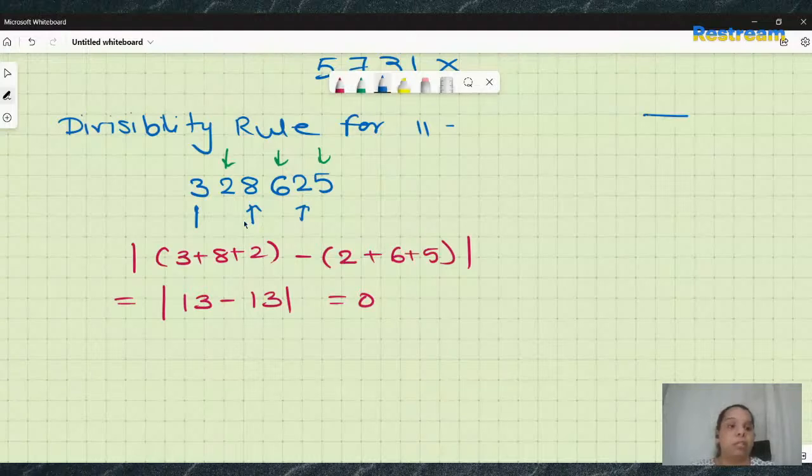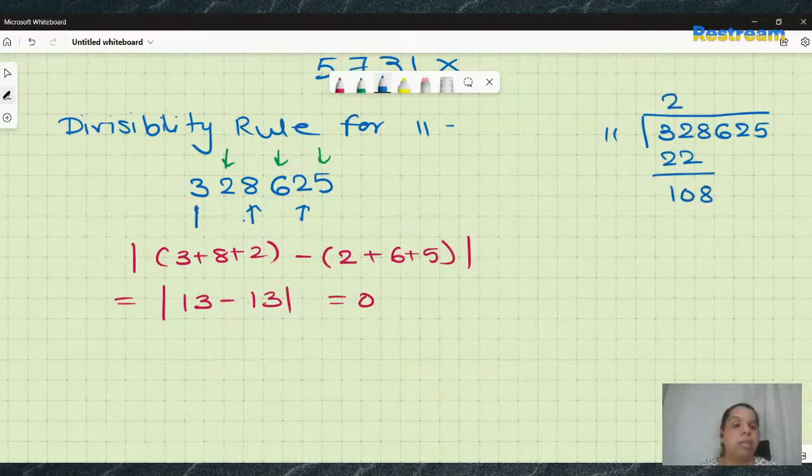So we are going to test whether our theory is correct. So it is 328,625. 11 times 2 is 22. 10 comes down, 8. 11 times 9 is 99.